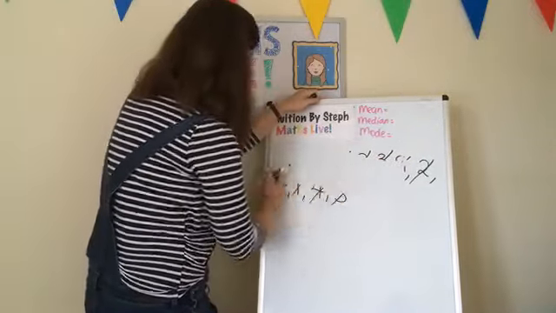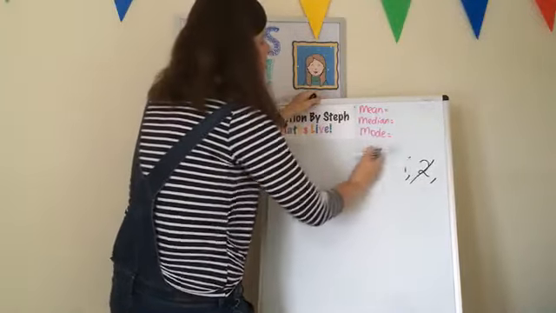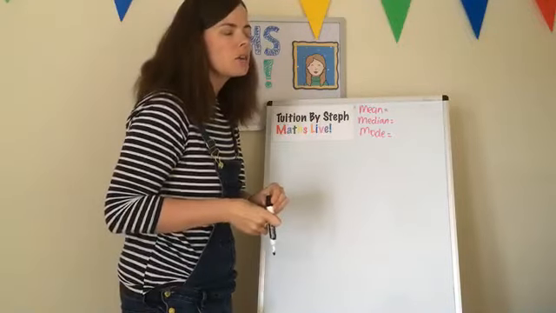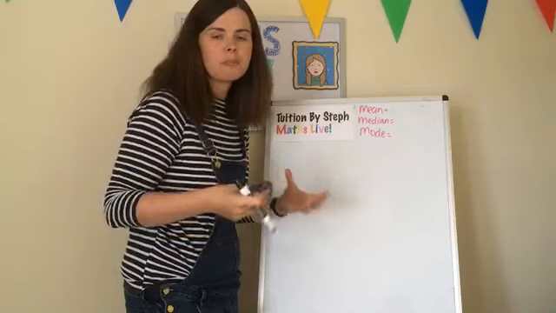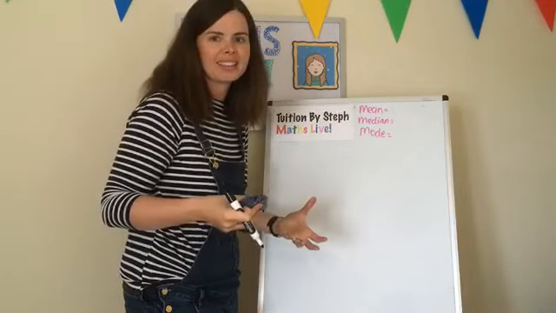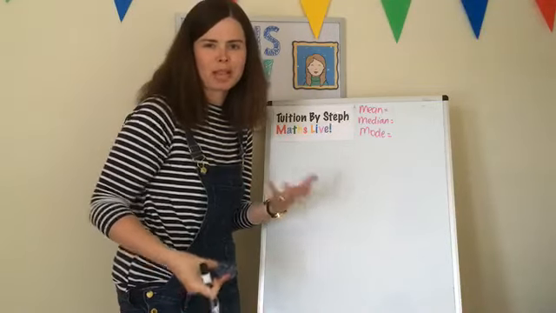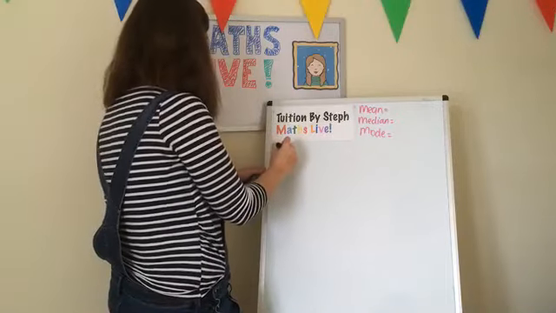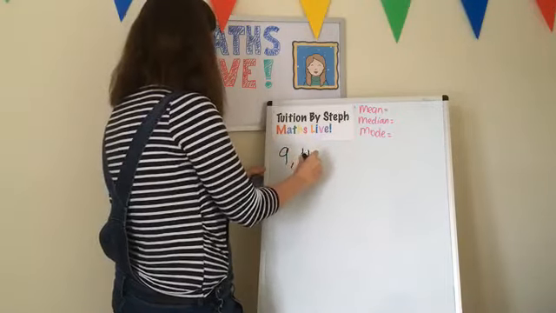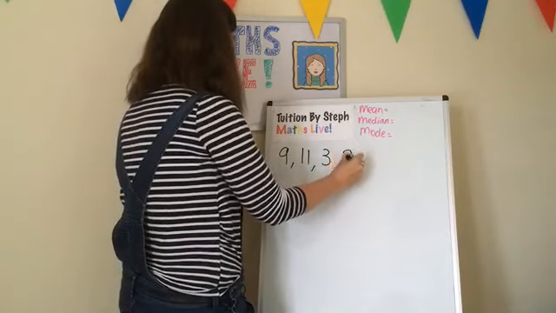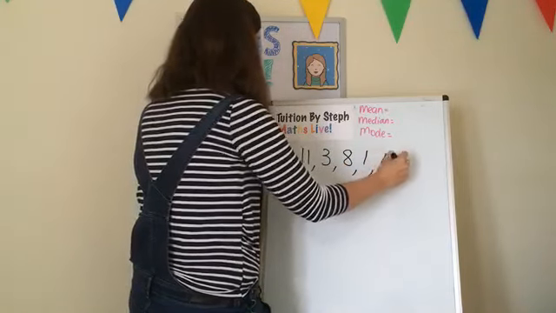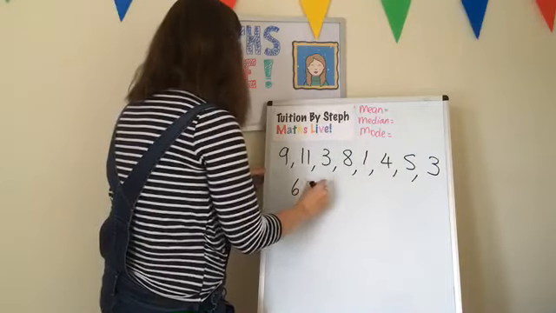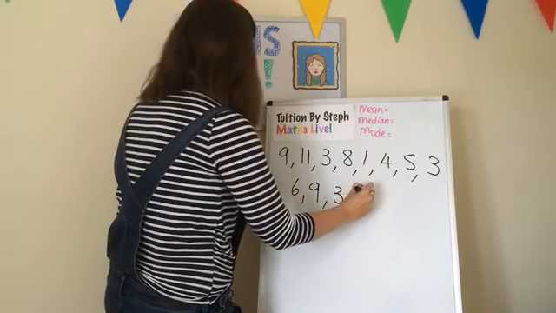Right, let's try one more. I'm not going to make the numbers too big. It's not about how big the numbers are. You can obviously challenge yourself with bigger numbers, but it's about understanding the actual steps of doing it. So I'm going to do 9, 11, 3, 8, 1, 4, 5, 3, 6, 9, 3, 5.